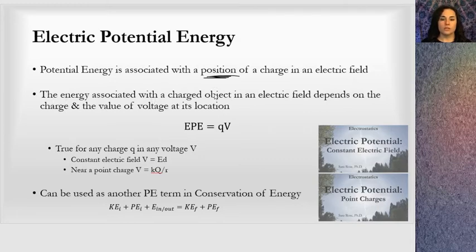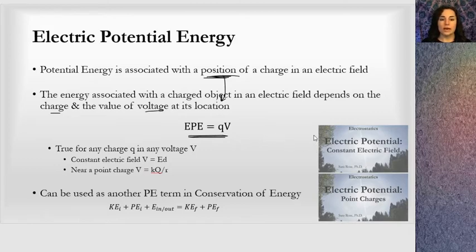The energy associated with a charge in an electric field depends on the charge and the value of the voltage at that location. So not only is it dependent on the position, we can say that there's a voltage at a location. Electric potential energy is q times V, just the charge times the voltage. Super easy equation, very easy to use.